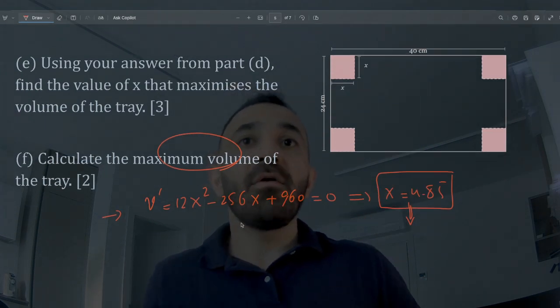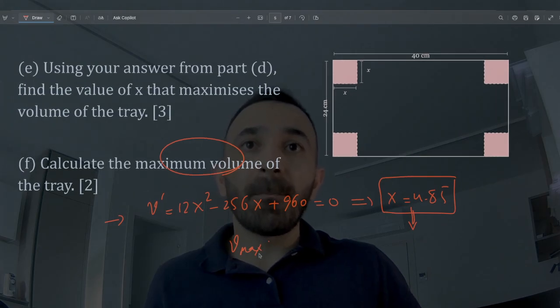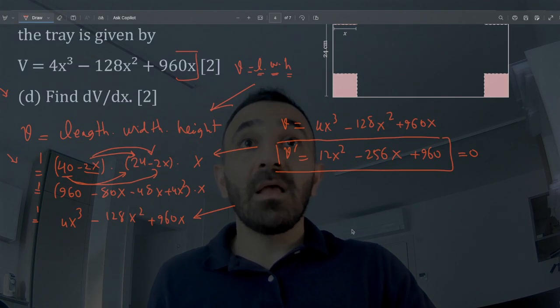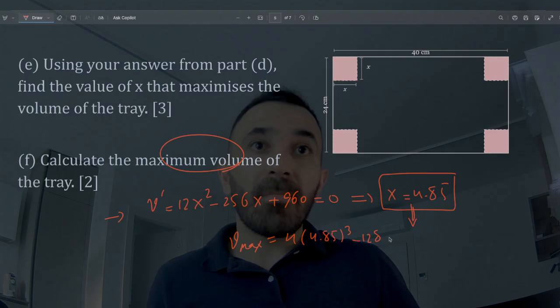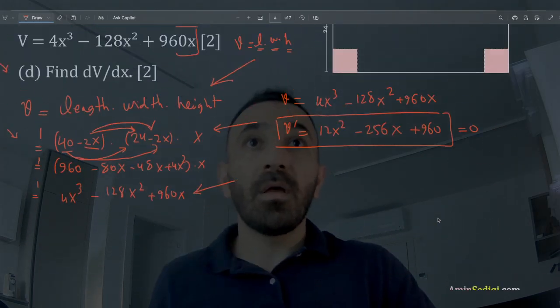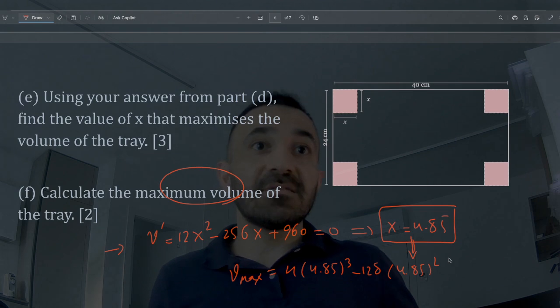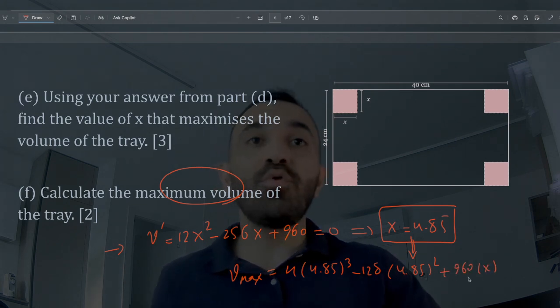So what is the main function? V max equals 4x to the power of 3 minus 120x to the power of 2 plus 960x. Okay, do I have to do it for you?